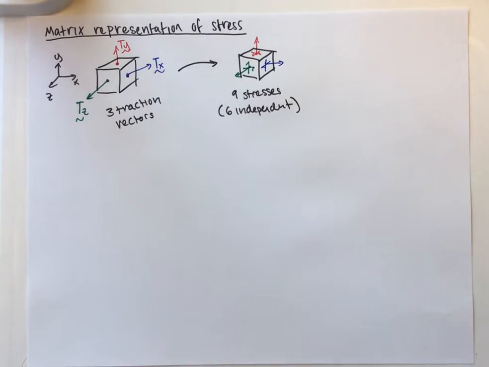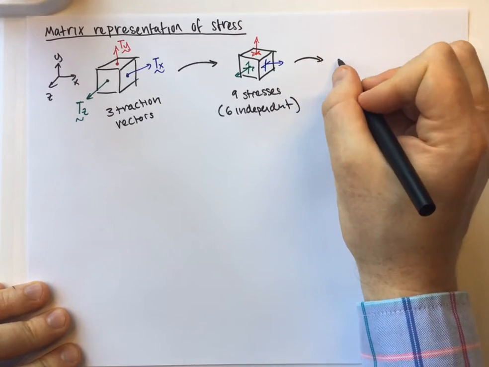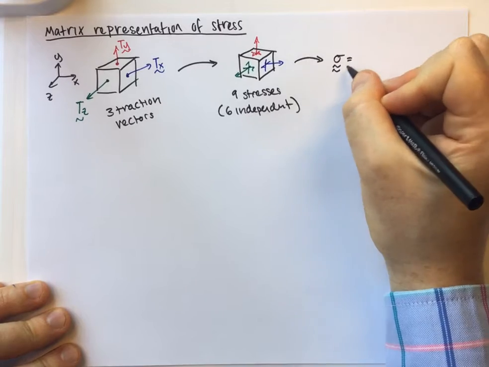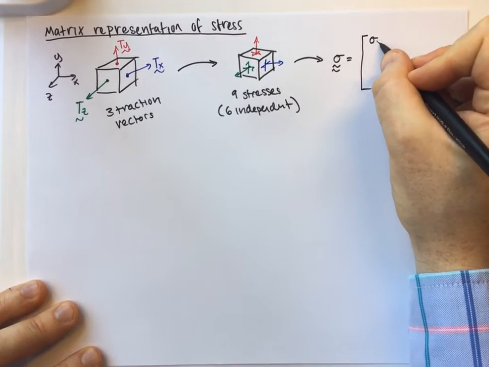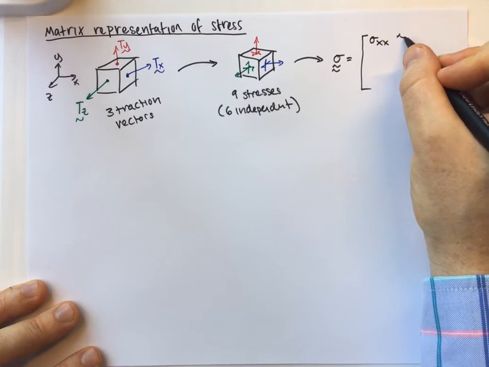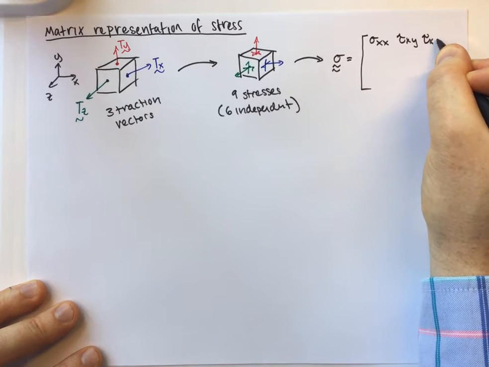And what we can end up doing is taking those and abstracting them a little bit further, and we can talk about our stress matrix. So that's going to end up having 2 squigglies because it's a matrix, and that's going to end up looking like this. So we have sigma xx, tau xy, tau xz.